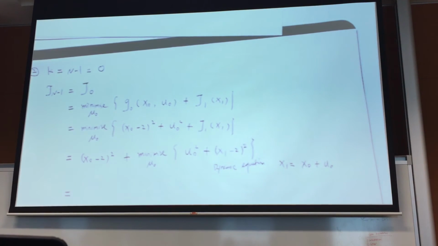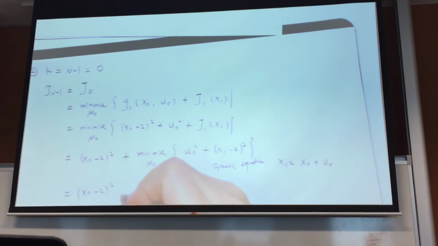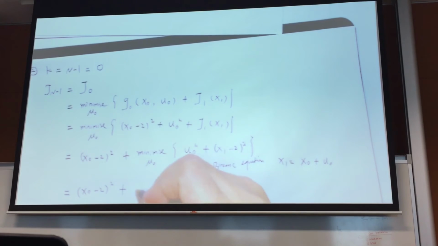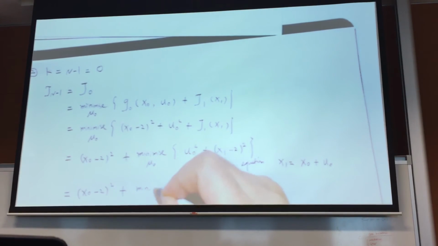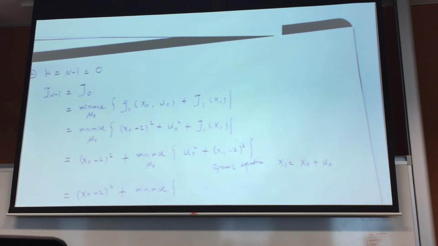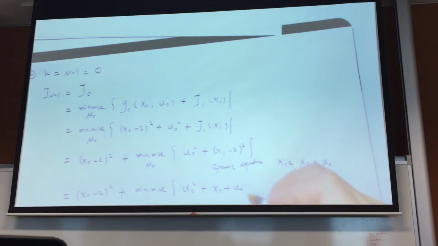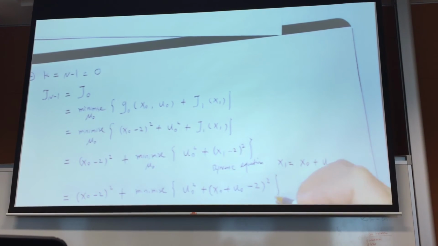So this one equals x0 minus 2 squared plus the remaining part. So x1 minus 2 squared becomes x0 plus u0 minus 2 squared.